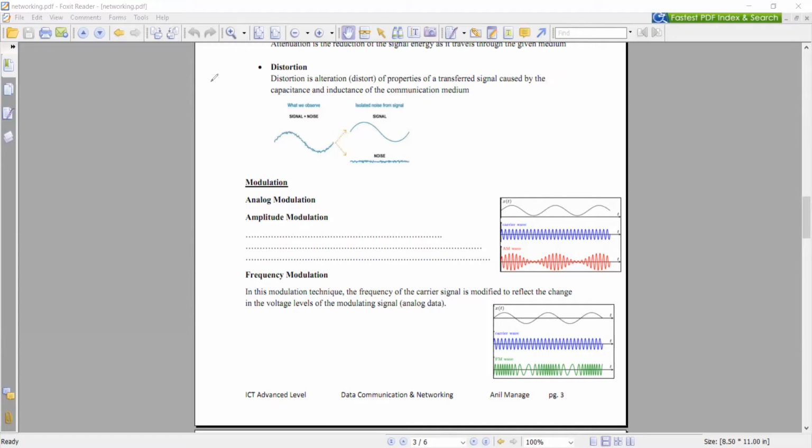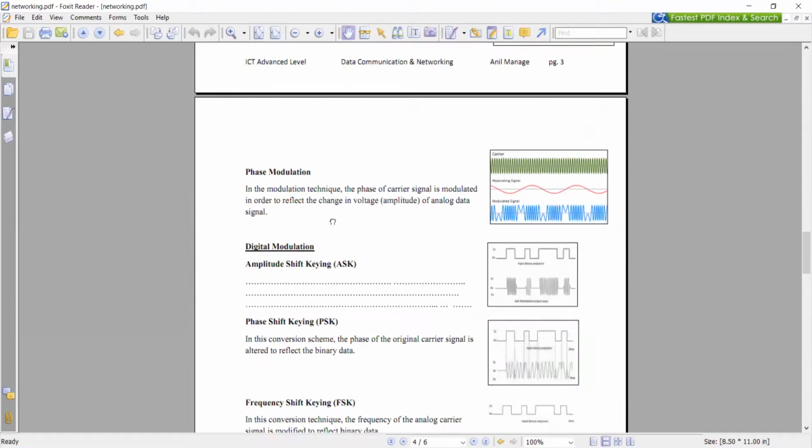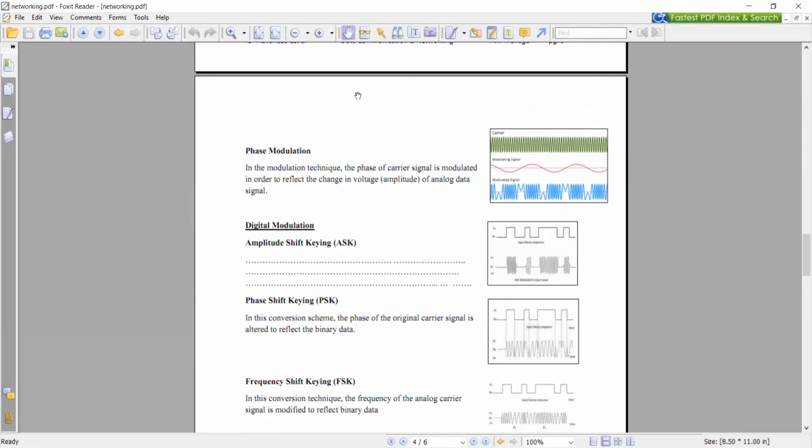Then we'll go to phase modulation. In phase modulation, what is happening? You have the carrier signal and the modulating signal, that is data, but here the phase is changing. When the phase changes, this signal is formed, right?